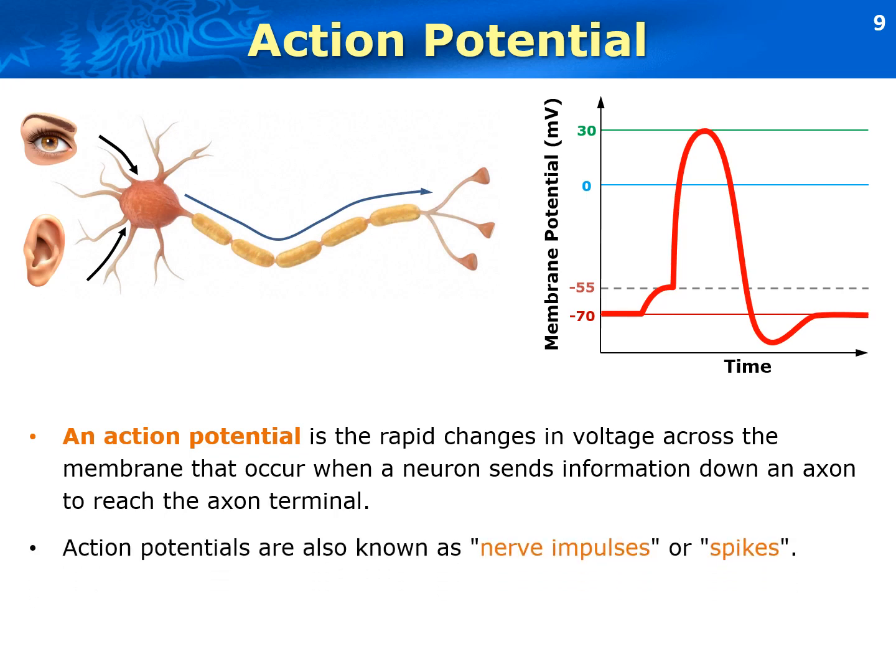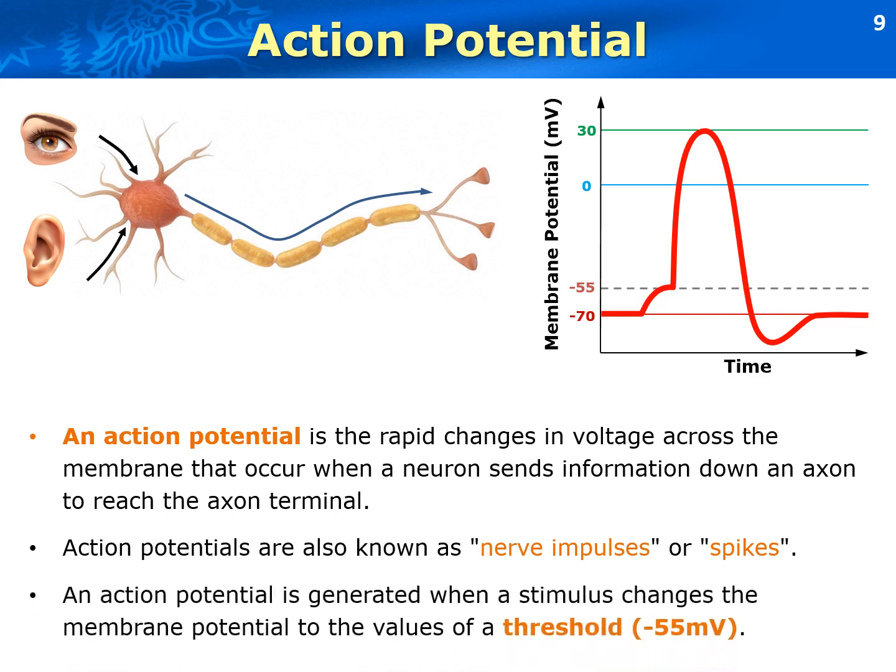It is worth noticing that not every stimulus would trigger an action potential. As we know, in the resting state, the membrane potential of a neuron is around minus 70 millivolts. An action potential is generated only when a stimulus changes the membrane potential to a certain threshold, say minus 55 millivolts.